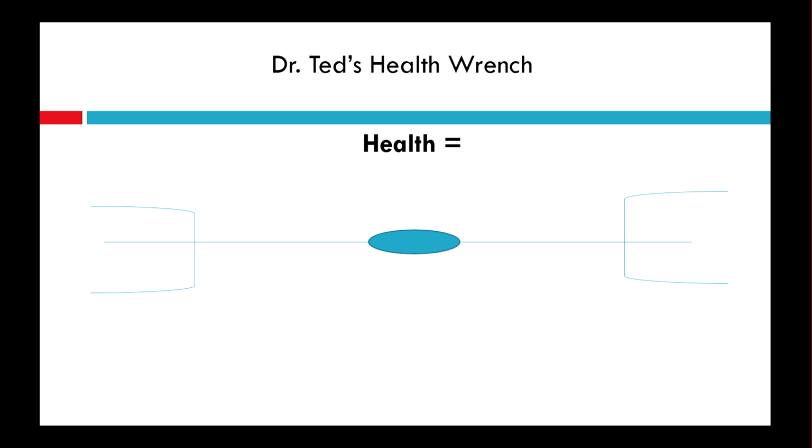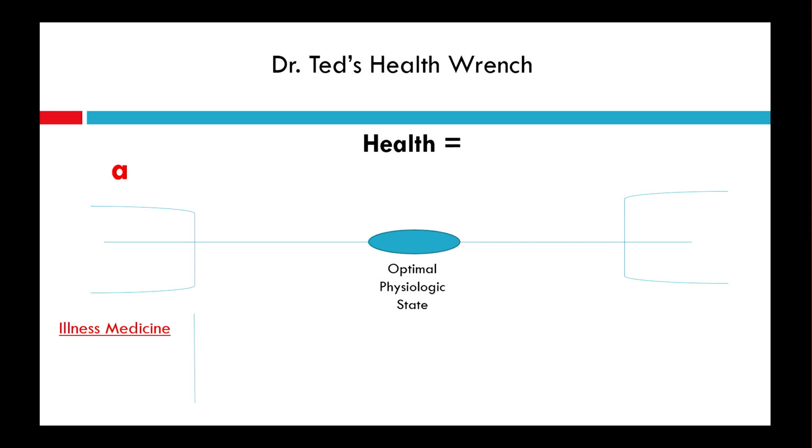So I devised a health wrench, and it's very simple to understand. Health is the optimal physiologic state characterized by, A, the absence of disease, which is illness medicine. What are these? It's allopathic medicine, Western medicine as practiced today. Alternative medicine: alternative ways of diagnosing and treating disease.